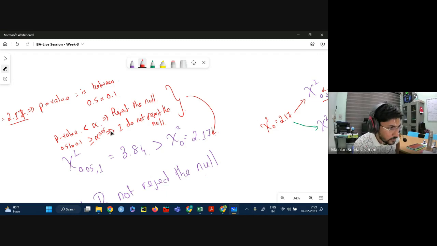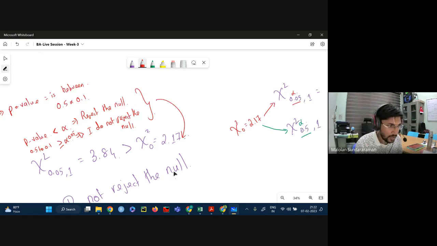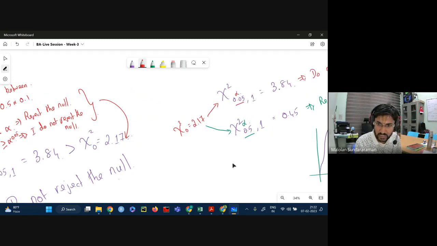So that is the chi-square test of independence and the application in business. Whenever you want to see whether something is related or not, you will use this test. Let's say you reject the null.